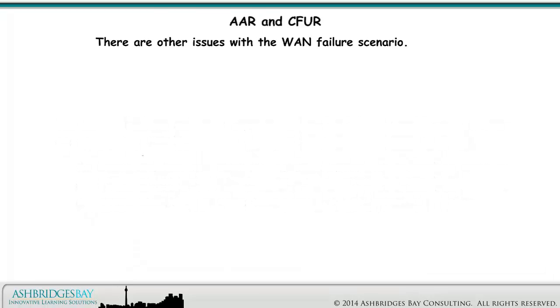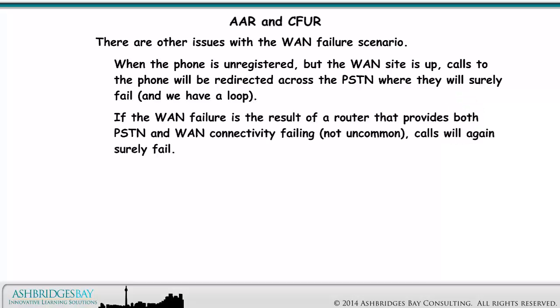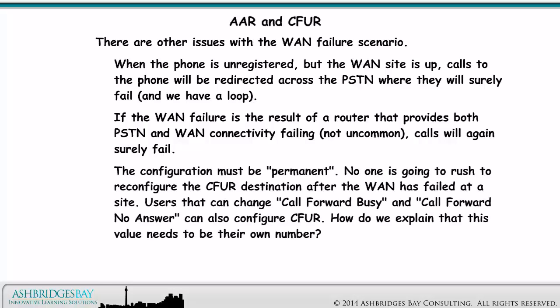There are other issues with the WAN failure scenario. When the phone is unregistered, but the WAN site is up, calls to the phone will be redirected across the PSTN, where they will surely fail, and we have a loop. If the WAN failure is the result of a router that provides PSTN and WAN connectivity failing, which is not uncommon, calls will again surely fail. The configuration must be permanent.